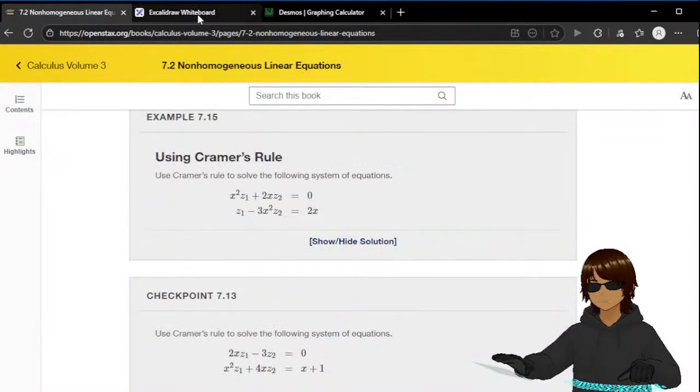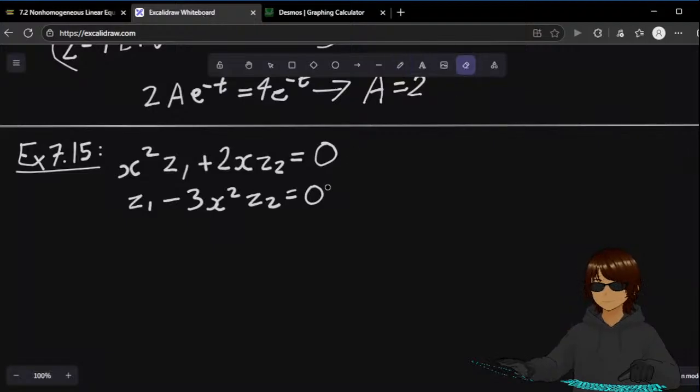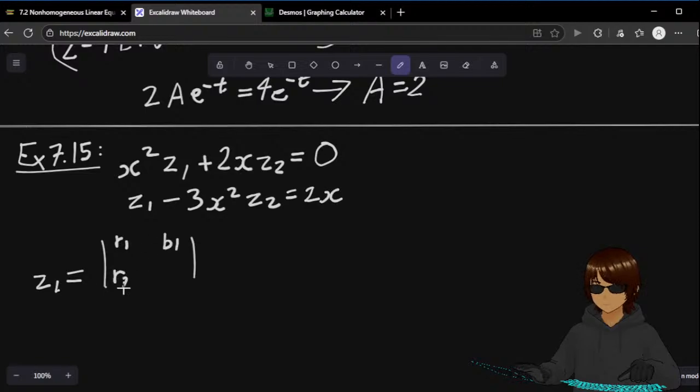Is this correct? No, this is 2x. So Z1 is equal to R1 B1 R2 B2 divided by A1 B1 A2 B2.